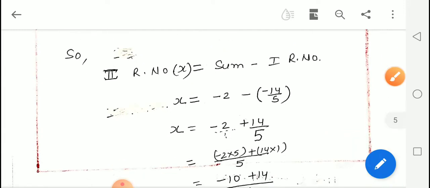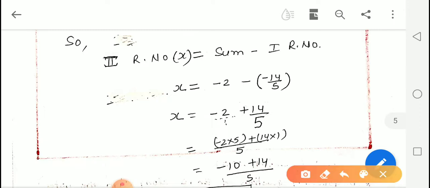And if we put here the second number as x, the sum as negative 2 and the first number as negative 14 upon 5, then we will get this equation.